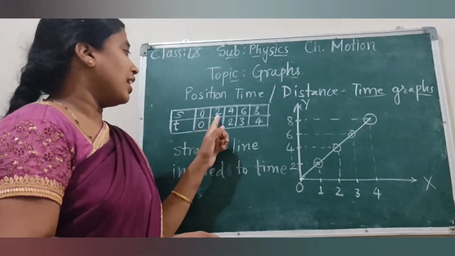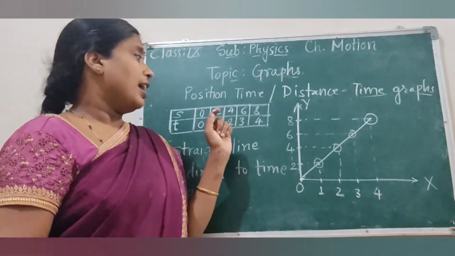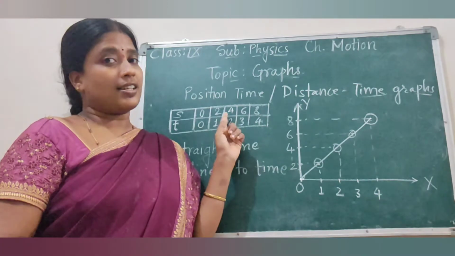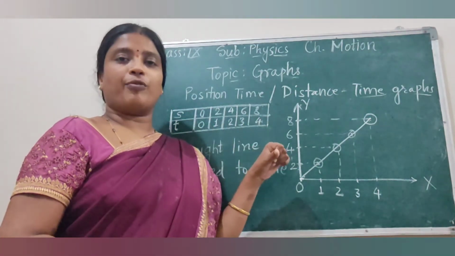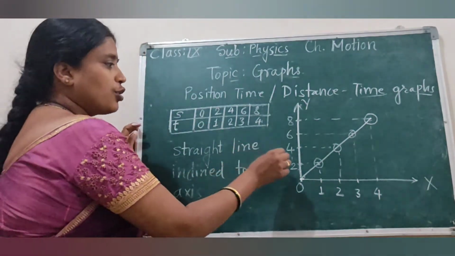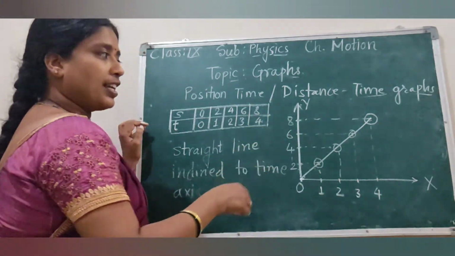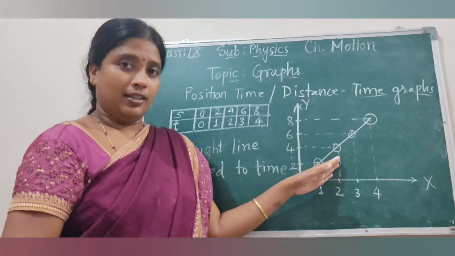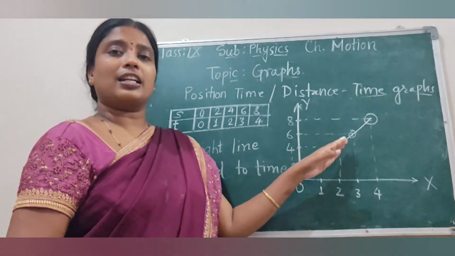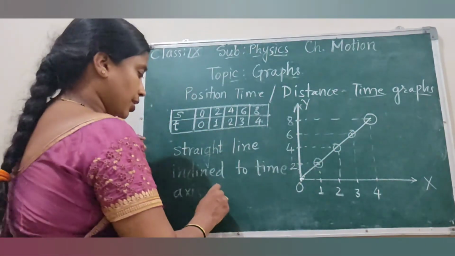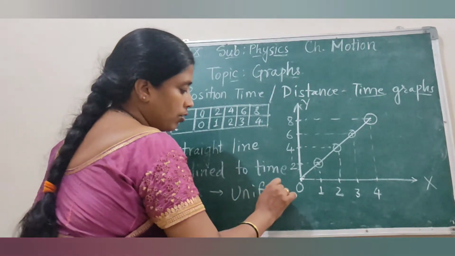It means after every 1 second the body is covering equal distance. When a body covers equal distance in equal interval of time, then we have already studied that that type of motion is uniform motion. So this represents uniform motion, or we can say constant speed. The body is moving at constant speed, or we can say that it is uniform motion.